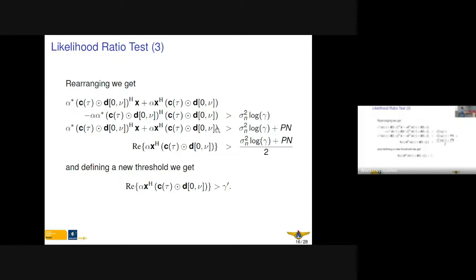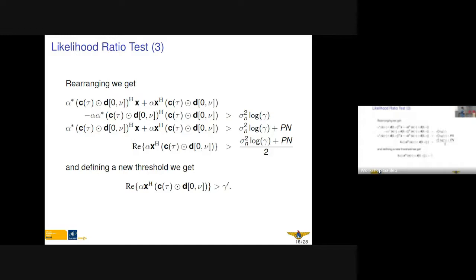we can reformulate this. We arrive at the second row, and now we can recall that a complex number plus the conjugate of a complex number is twice the real part of the complex number. We can apply this also for complex vectors. So on the left-hand side we can write twice the real part of alpha x Hermitian C_tau Hadamard-Schur D. We can then divide on both sides by 2, and we arrive at the final problem that we need to evaluate.